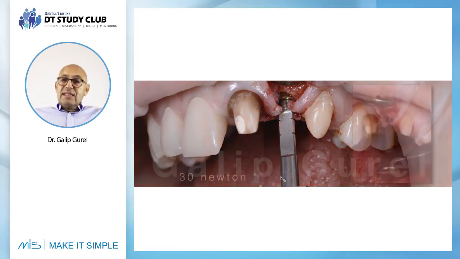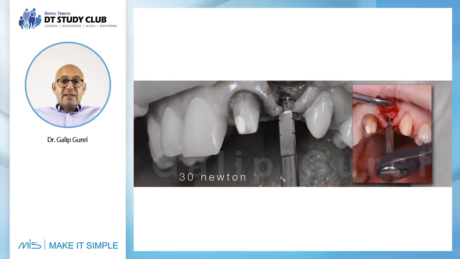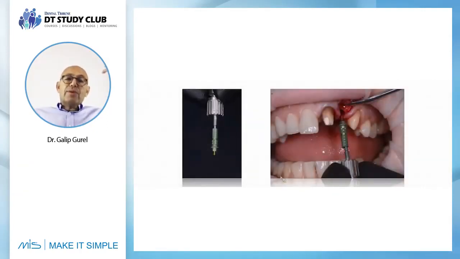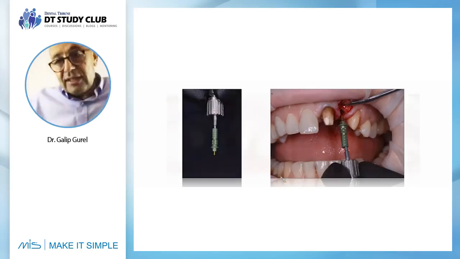And this is amazing because we can torque it with like 30 newtons, and all of a sudden this implant becomes like a one-piece implant. And more important than that, it becomes like a tissue level implant rather than a bone level implant, because once we torque it, we prefer not to touch it again until the end of the whole treatment.